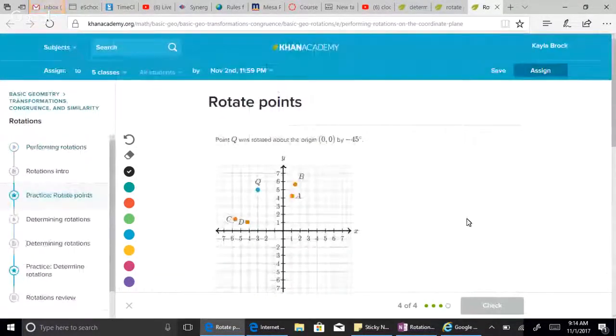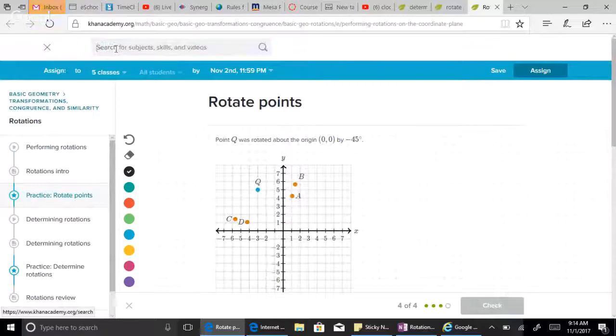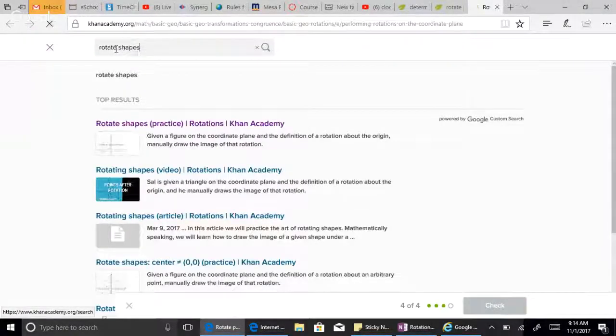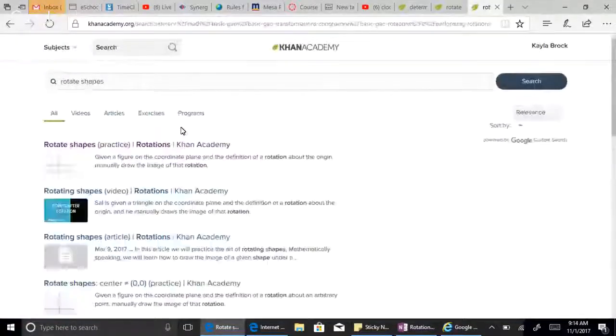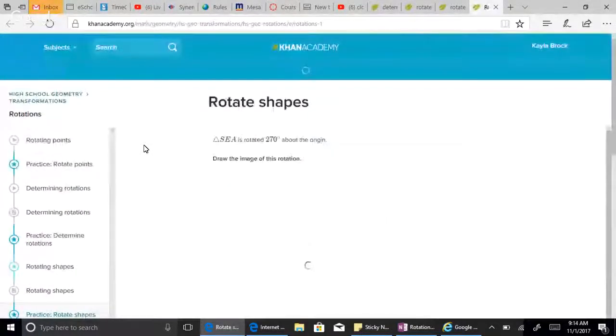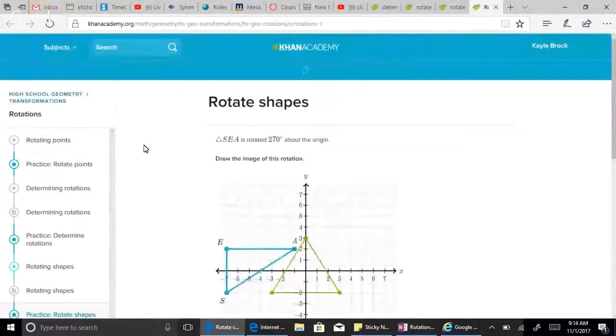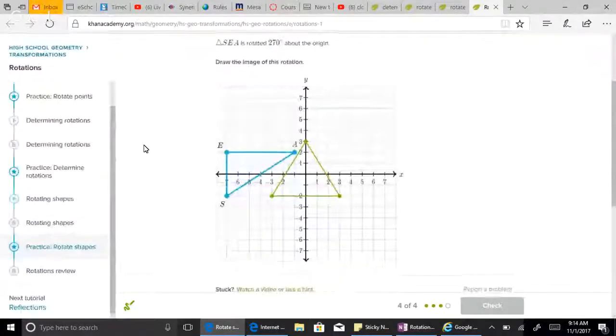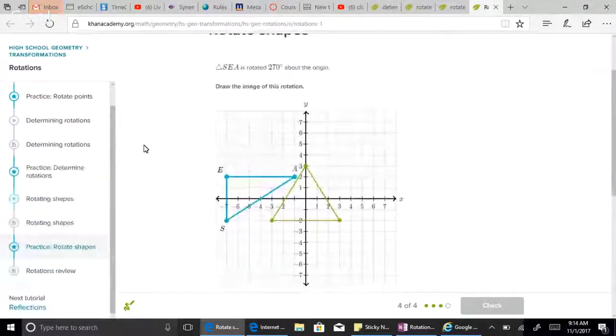Okay, so this is rotate points. Now we're going to rotate shapes. Okay, so let's look at step 1 of rotating shapes.